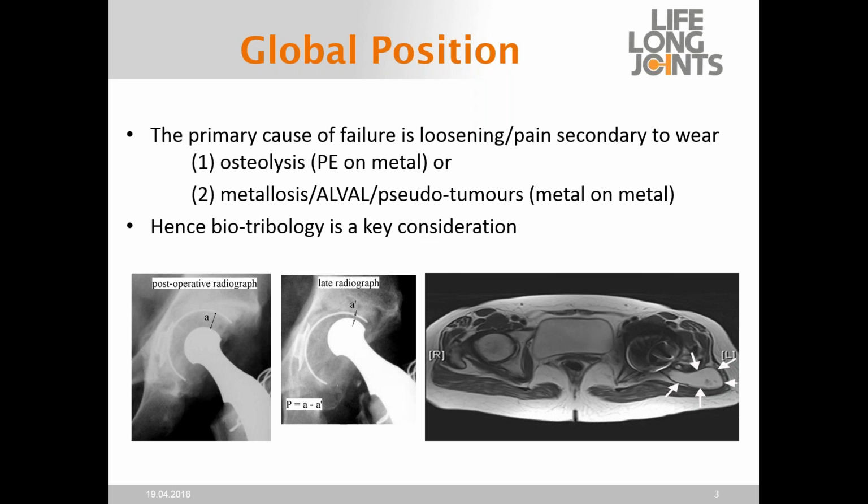So we lose bone around the prosthesis, and as we lose bone, the prosthesis becomes loose. And similarly for metal-on-metal components, although it's not the exact same route, in the end what we get is pain due to pseudotumors or metallosis. So in both cases, the biotribology, the way that the articulating surfaces interact, is a key consideration.